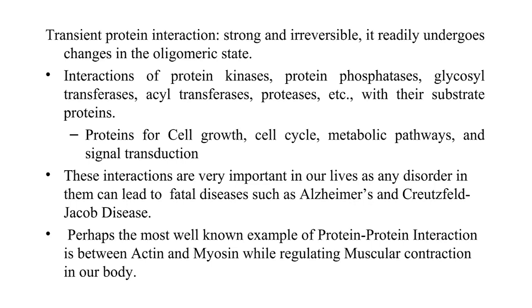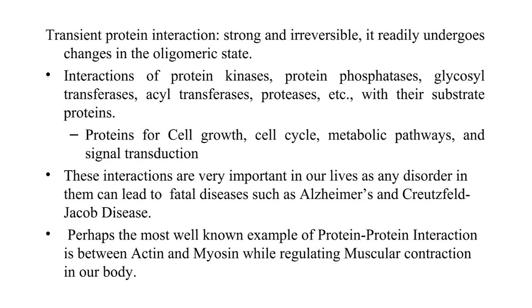There are proteins for cellular growth, cell cycle, metabolic pathways, different feedback mechanisms, and signal transduction. These interactions are very important in our lives as their disorder can lead to fatal diseases like Alzheimer's or Creutzfeldt-Jakob disease.